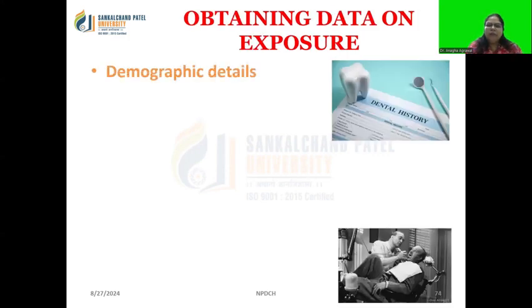Then the second step is obtaining data on exposure. To have that data from them, how they have been exposed to that particular risk factor, like demographic details: age, gender, occupation, education, where they live, what their lifestyles are, what their socioeconomic status is.